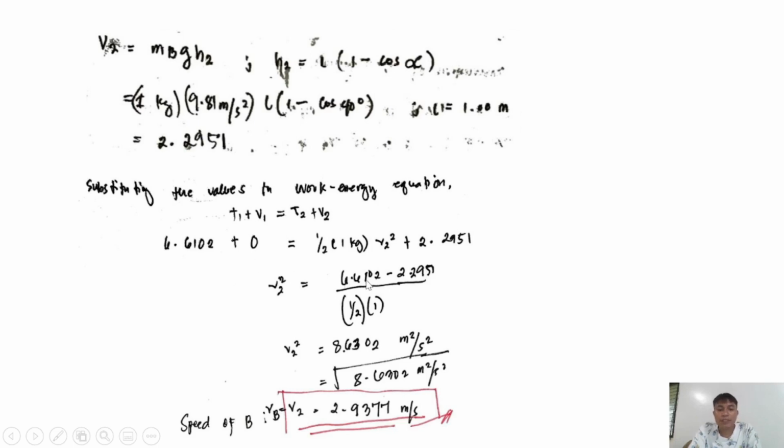So 6.6102 minus 2.2951 over 1/2 times 1 will give us 8.6302 meters squared per second squared. The square root of that will give us the velocity at point 2, which is 2.9377 meter per second. So that is the speed of our sphere at point B.